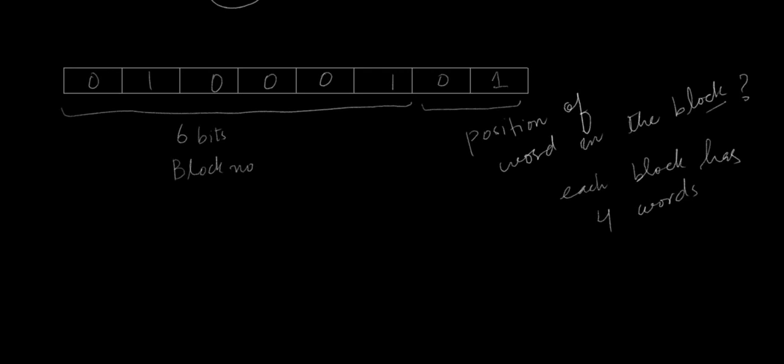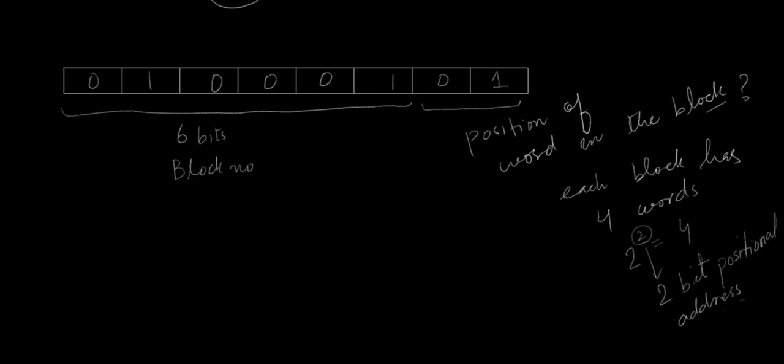Right now we are just talking about the blocks. The blocks have 4 words, which means 2 raised to power 2 equals 4. It means I'm going to have a 2-bit positional address.